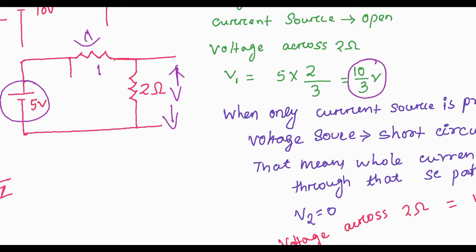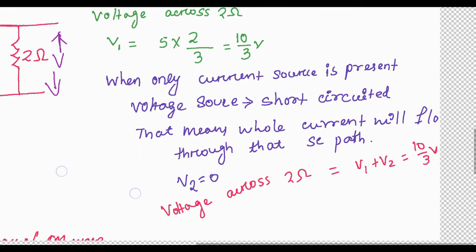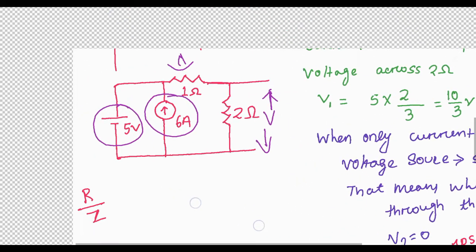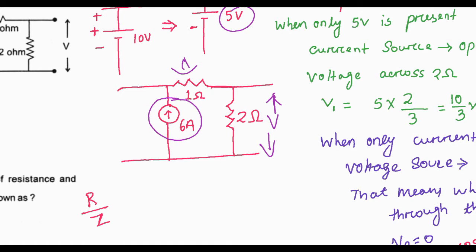Now when only the current source is present, the voltage source will be short circuited, that means if we set the voltage to 0, it will be short circuited. So the whole current will flow through that short circuit path, no current will flow in this way.